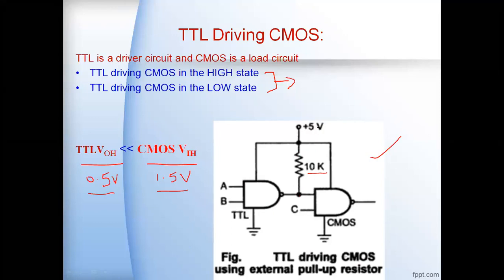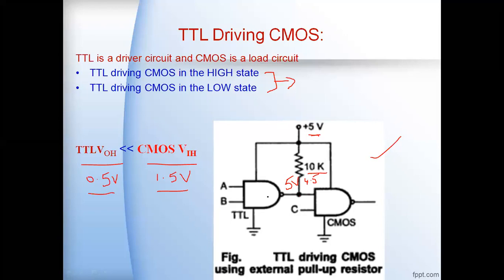Now when the resistor is pulled up to the 5 volts DC, because of this VDD the output voltage will rise to maybe 5 volts, or 4.5 volts, or in the least case 3 volts.